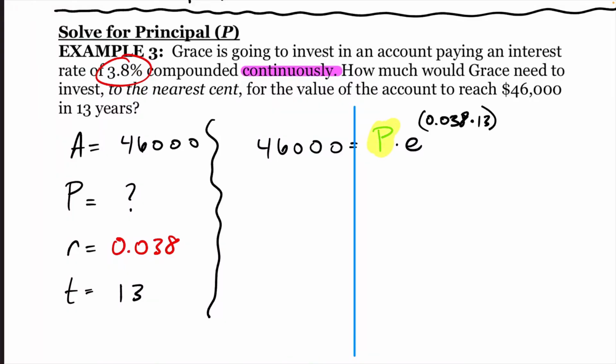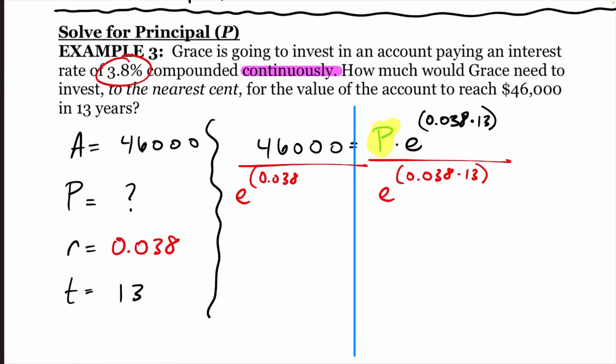So here's my question. How do we get P by itself? Heard it somewhere. Divide, yeah, divide. Why divide? Because it's multiplication, right? So what do we divide by? Everything that's not P. Everything that is not P, we divide by.